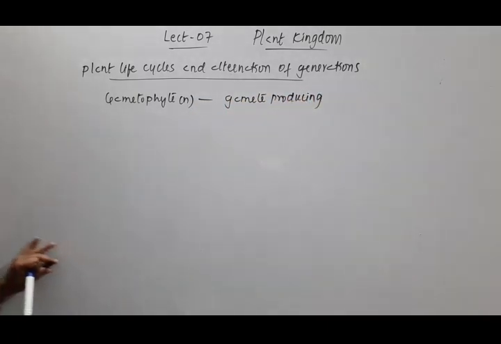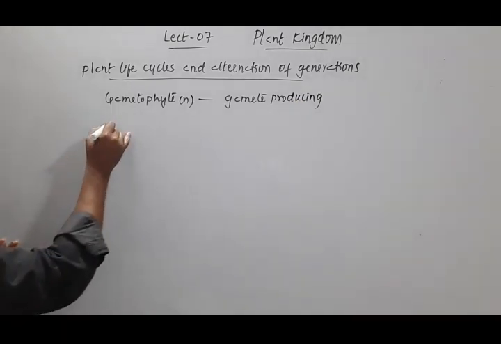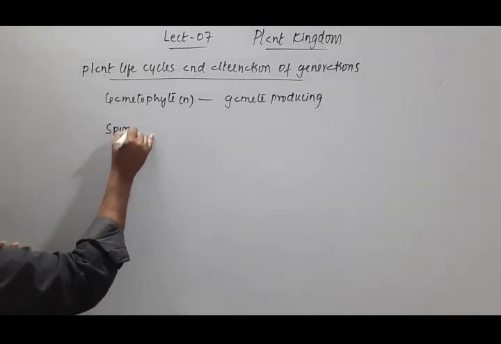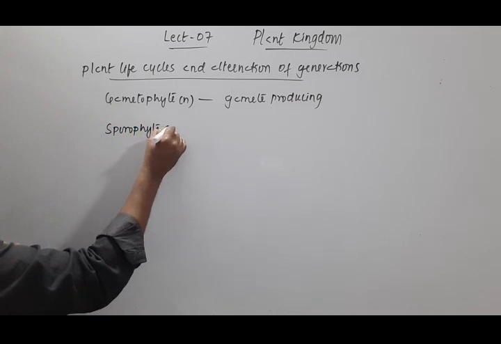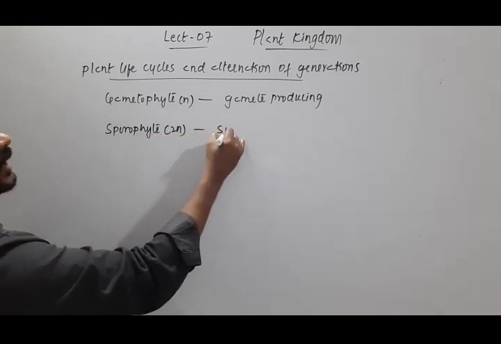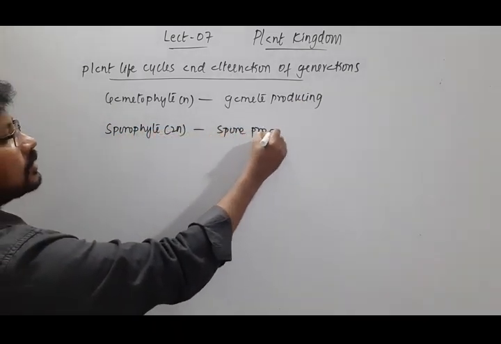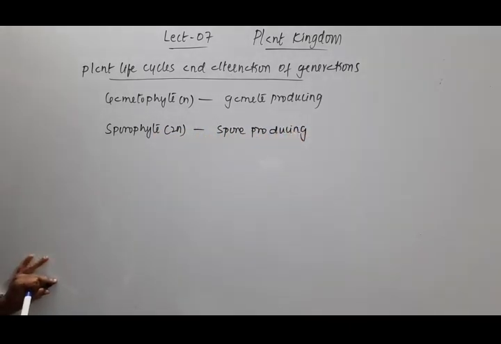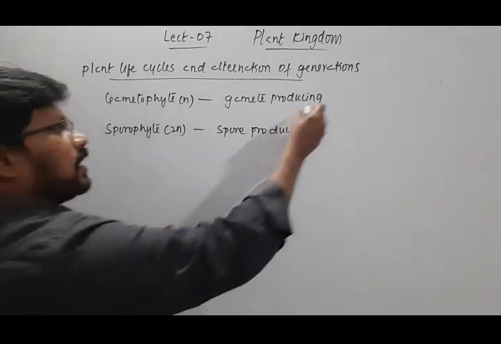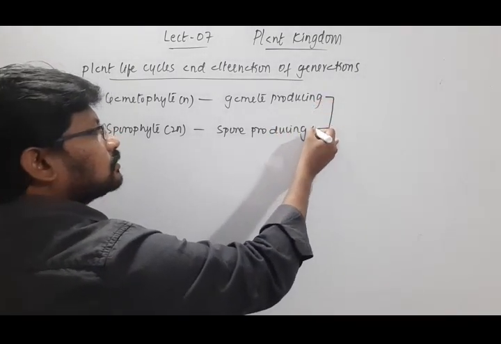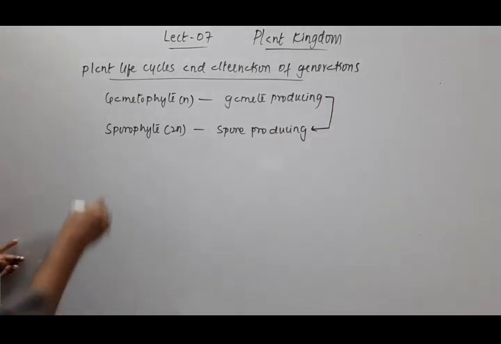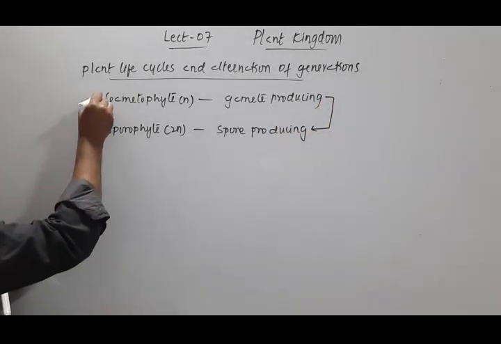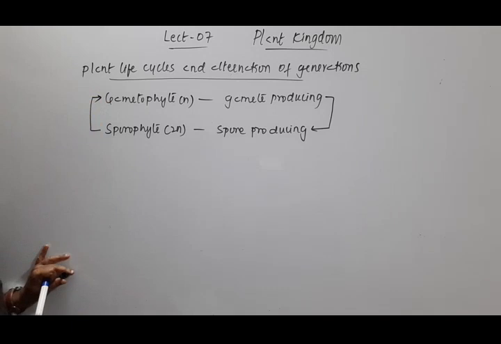So gamete producing gametophyte and spore producing sporophyte. So sporophyte is diploid and this is spore producing. Okay, now the gametophyte will give rise to the sporophyte and the sporophyte will give rise to the gametophyte. So this is what we call alternation of generations.